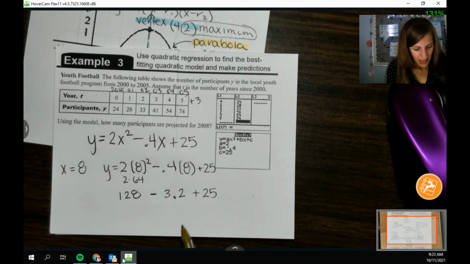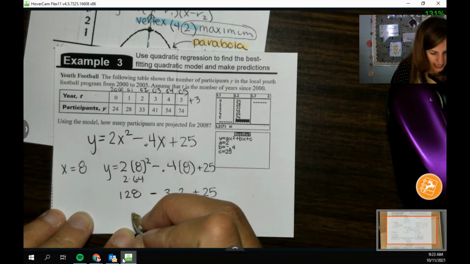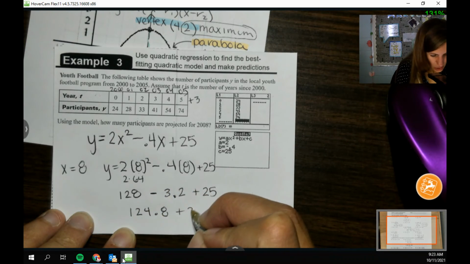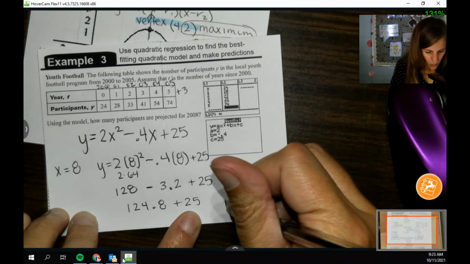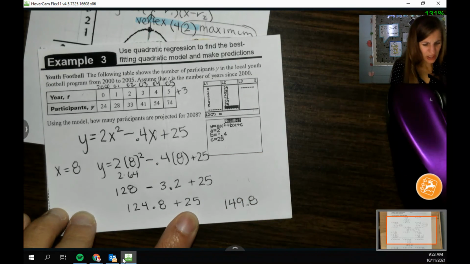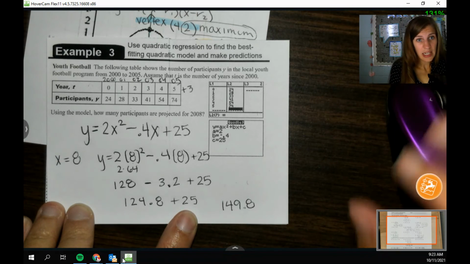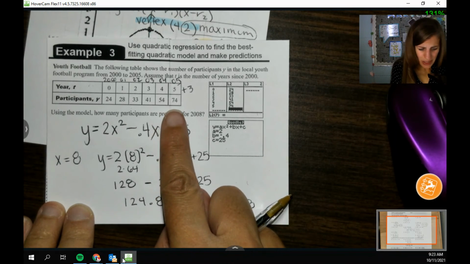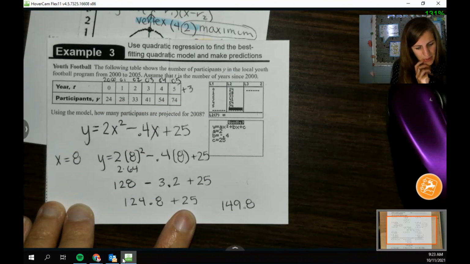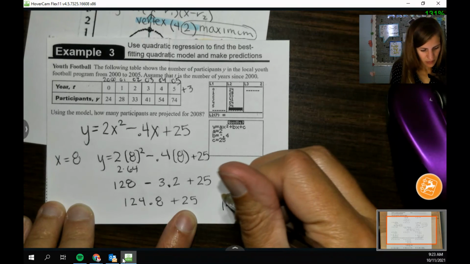If I take 3.2 away from 128, we're at 124.8 plus 25, so 149.8-ish. I feel like the 0.8-ish doesn't make super sense, but the 149, that could be legit 3 years later. Like, this is going up. So yeah, that could be legit.